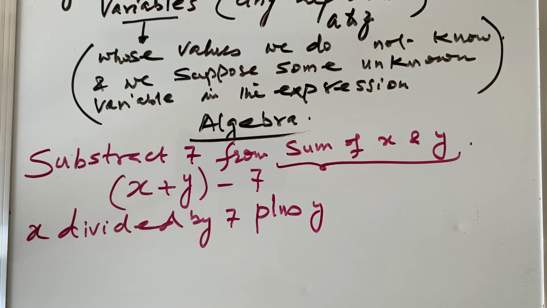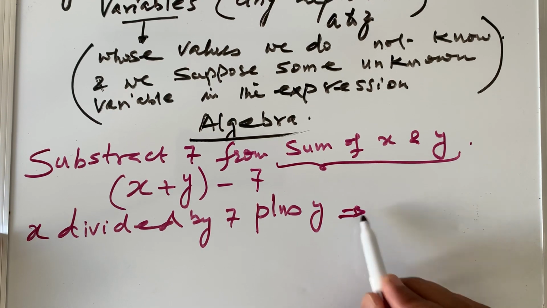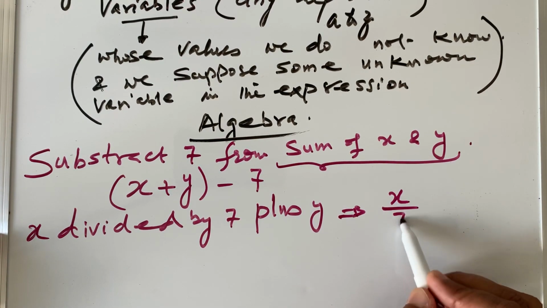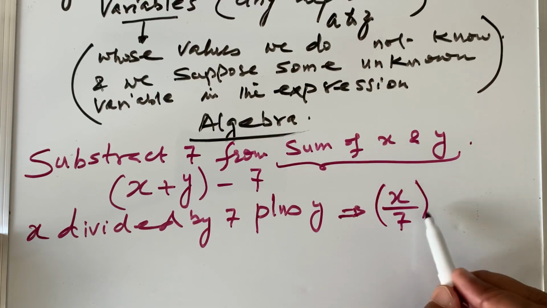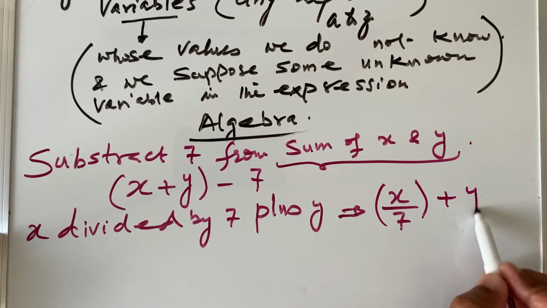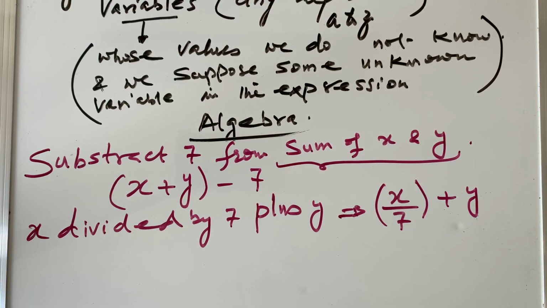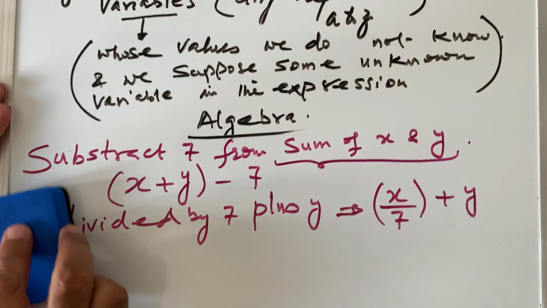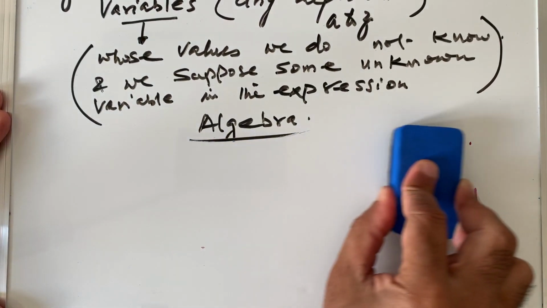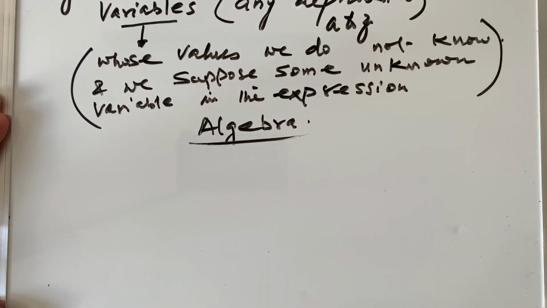Now we have to read the statement and then develop my algebraic expression. x divided by 7, okay. So x divided by 7 is this. And what we have to do then? Plus y, another variable is there. So that is my algebraic expression. We will be doing some more algebraic expressions for practice. Let's see another example.